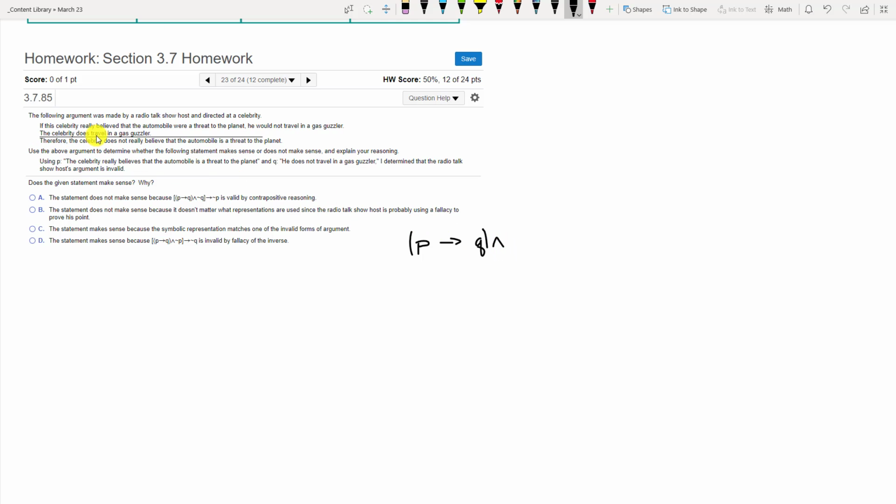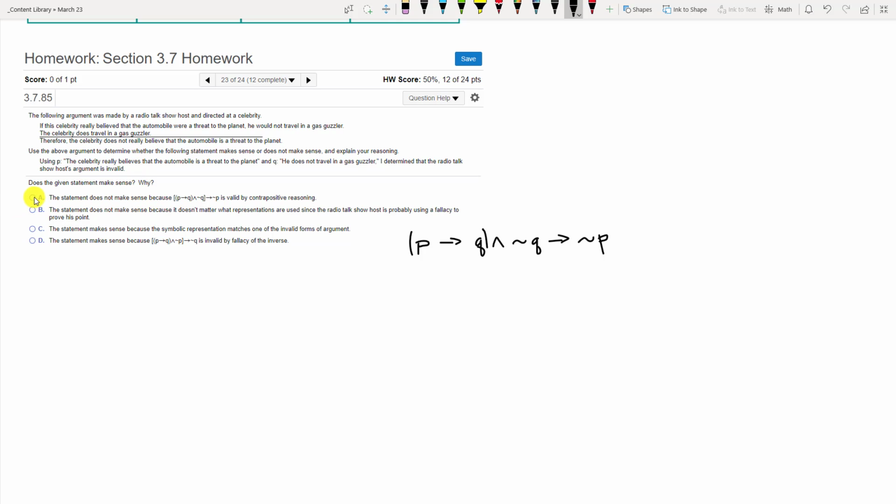The celebrity does travel in a gas guzzler. So that is negating Q. He does travel in a gas guzzler, so we would say not Q. And then the final part is to do a conditional and say, therefore, the celebrity does not really believe that the automobile is a threat to the planet. So that's going to be not P. And those are the symbols for this argument that's laid out here.